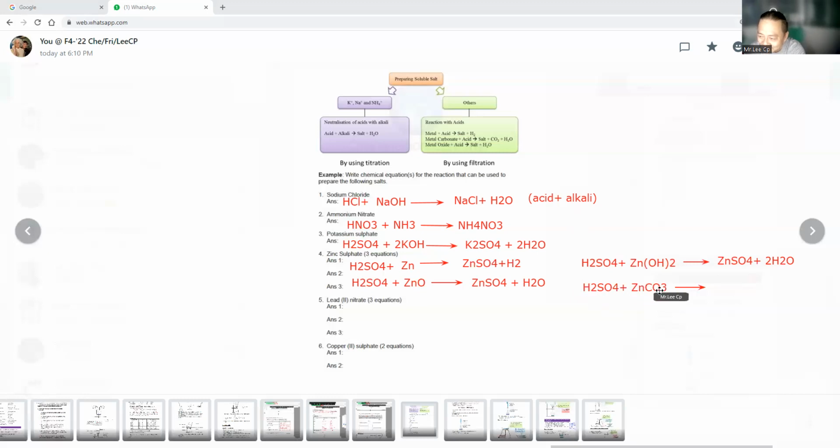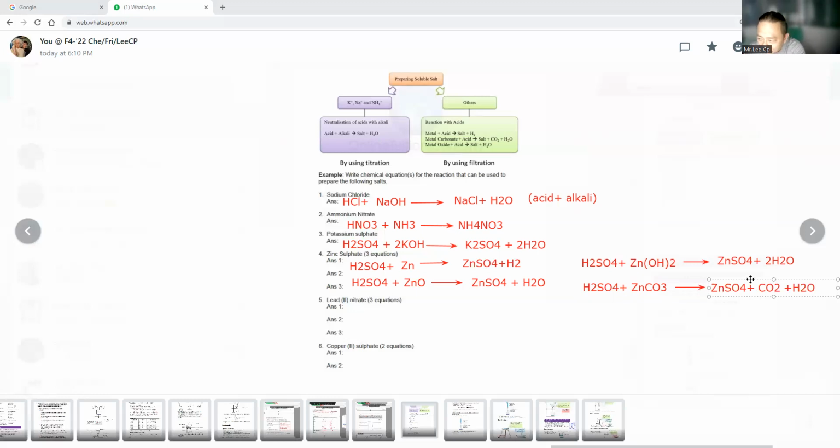H2SO4 plus ZnCO3, zinc carbonate. So what do we have? Salt, carbon dioxide, and water. Salt is ZnSO4 plus carbon dioxide CO2 plus H2O.